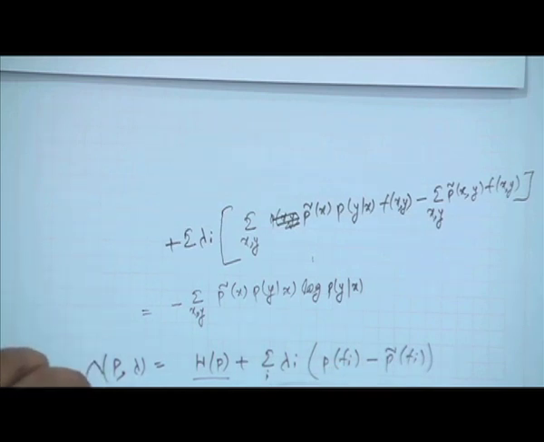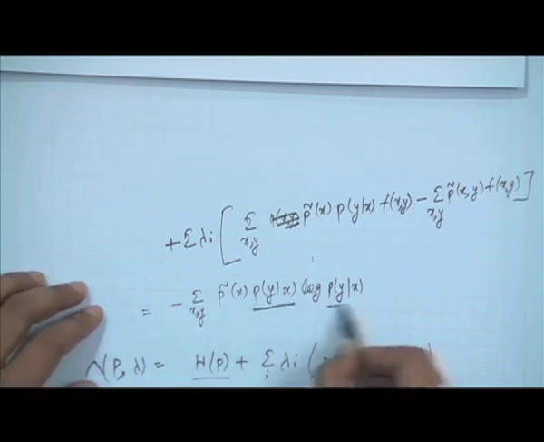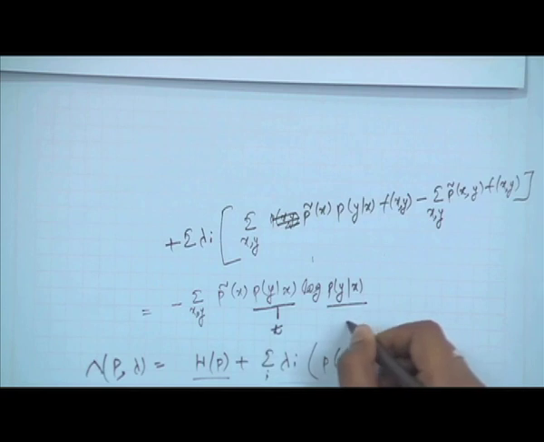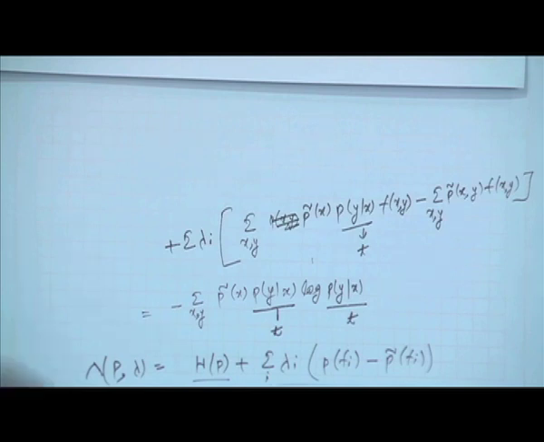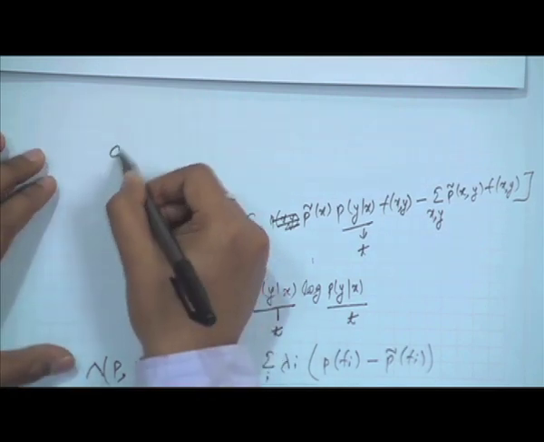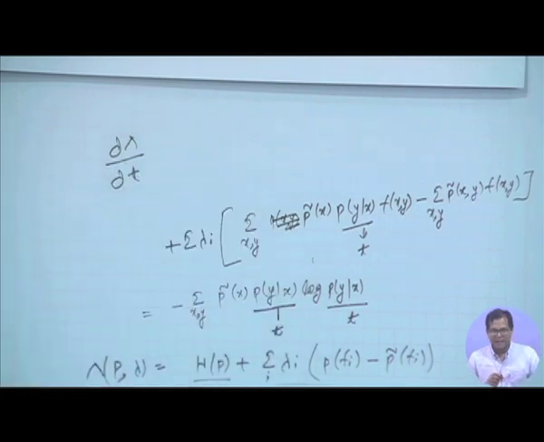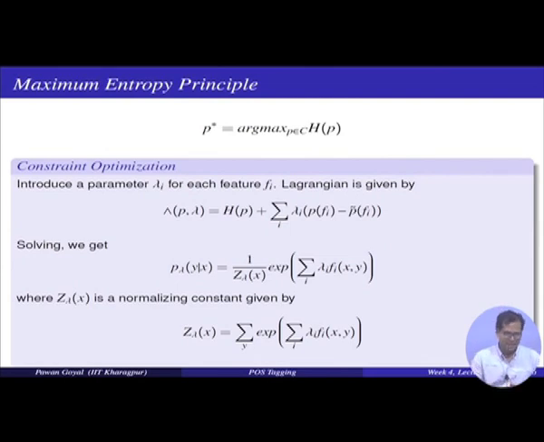I want to find this distribution that maximizes this. Let me just substitute this with t everywhere. In turn, you are maximizing it with respect to this t, and you can do that by differentiating it with respect to t and then setting it to 0. That will give you the equation that we have seen, p lambda (y given x), that is our t in this case.